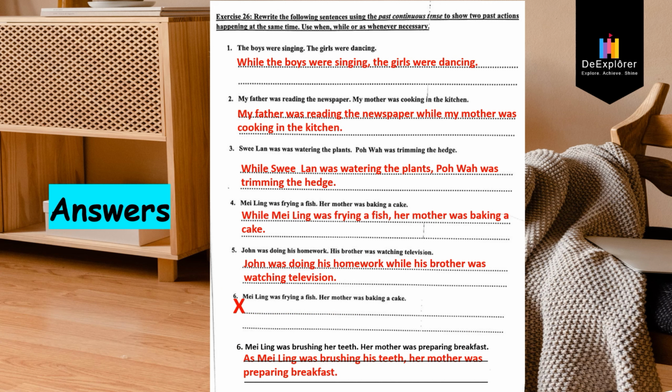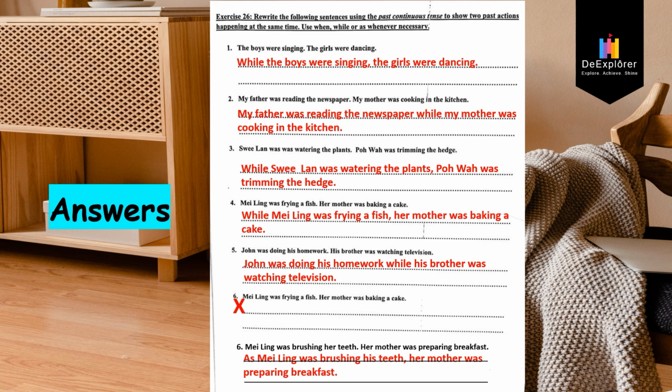Time to mark your answers now. Please take out your red pen or your blue pen. Okay, number 1 answers be given. Number 2, if you have written while in front, it is also correct. Okay, my father was reading the newspaper while my mother was cooking in the kitchen. So you can put while in the middle or in front. Okay, then number 3, mark on your own.